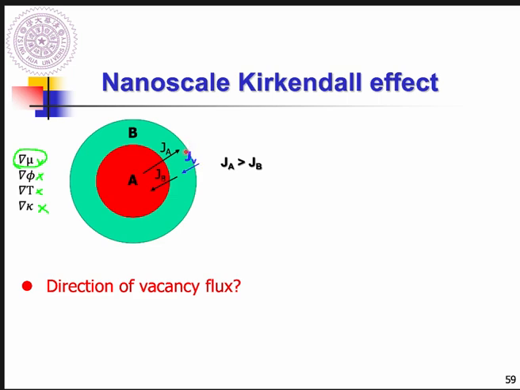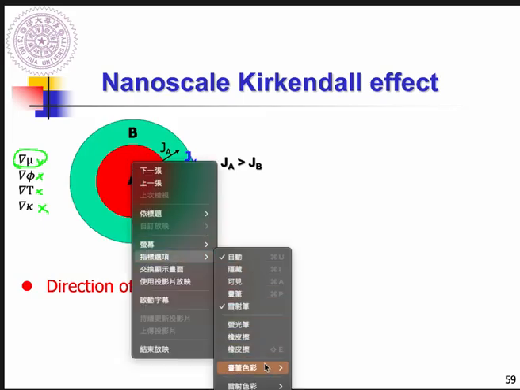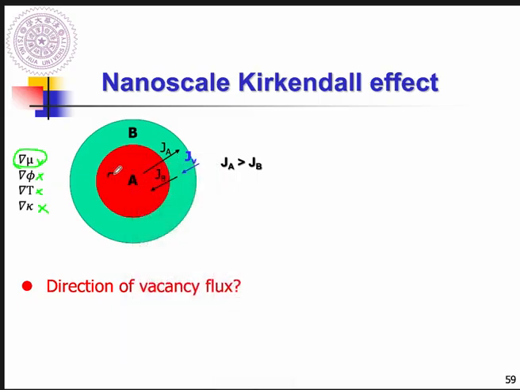Due to this vacancy flux, we will observe some vacancies in material A. As time increases, you will get more vacancies, and these vacancies will probably accumulate to form some voids.